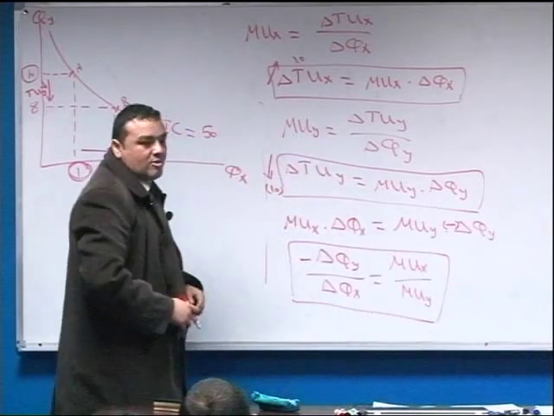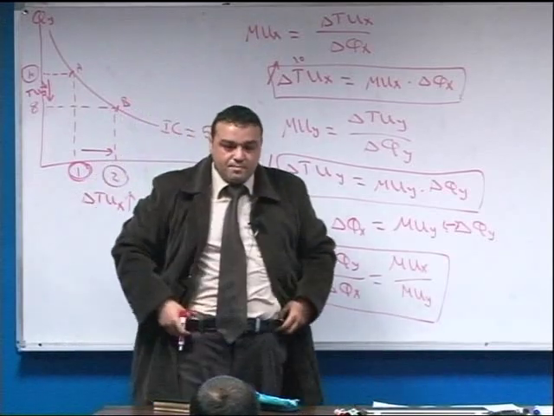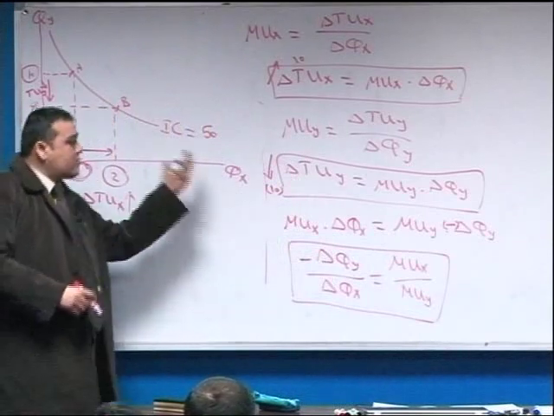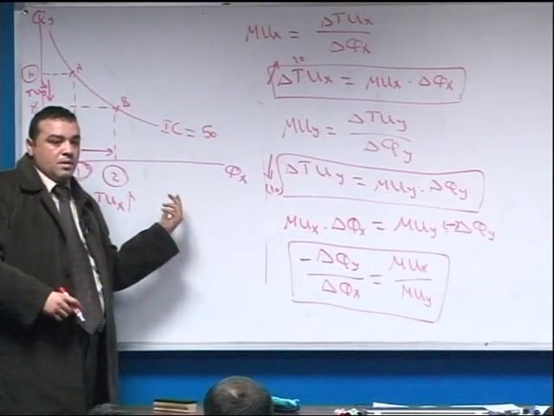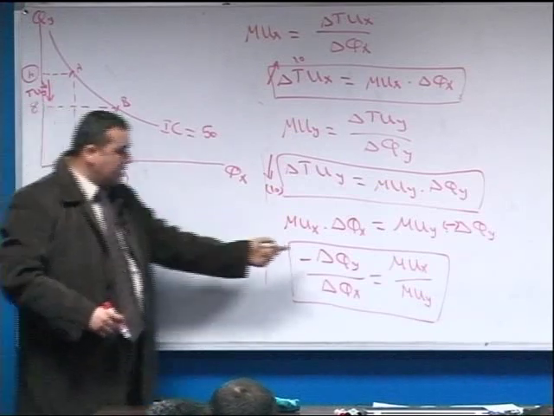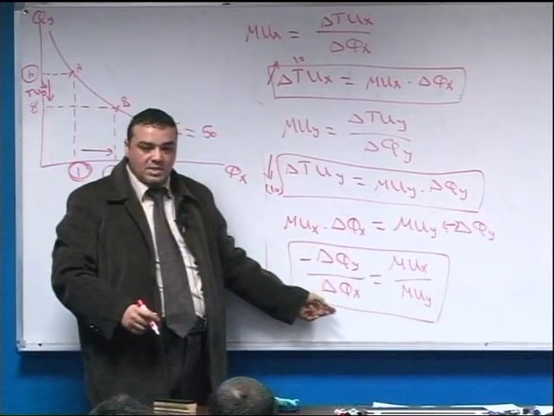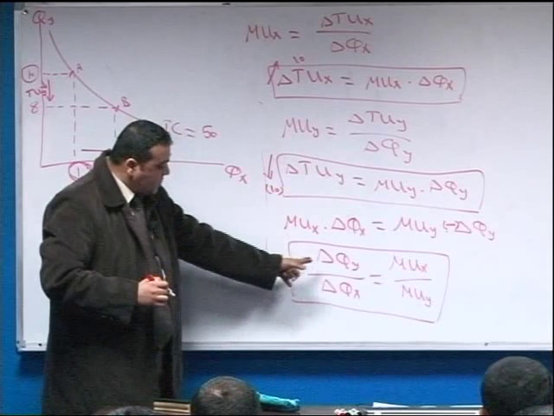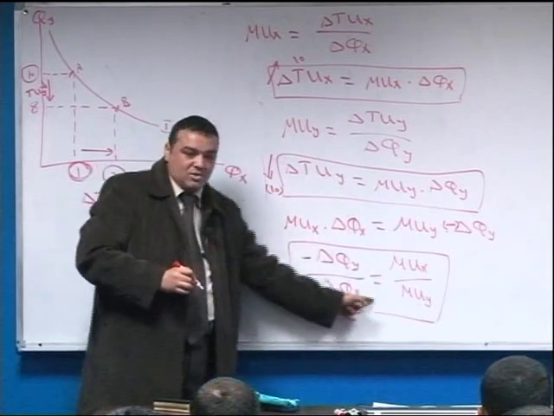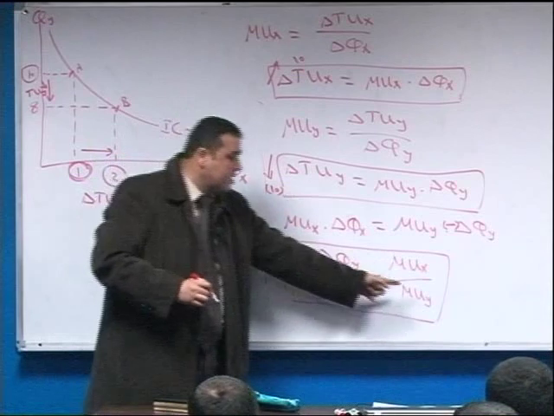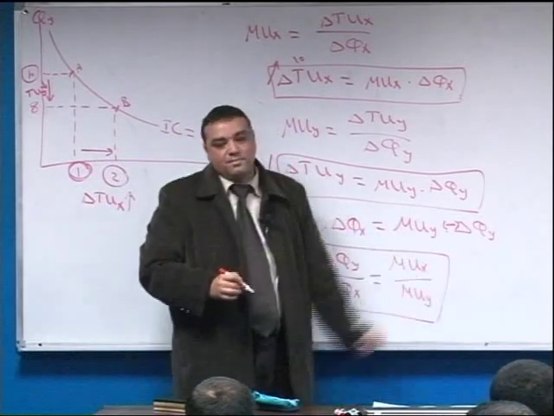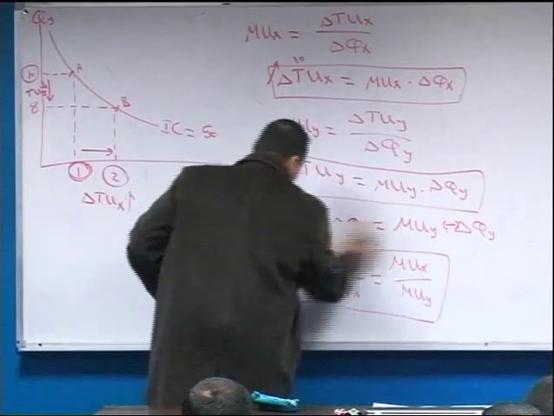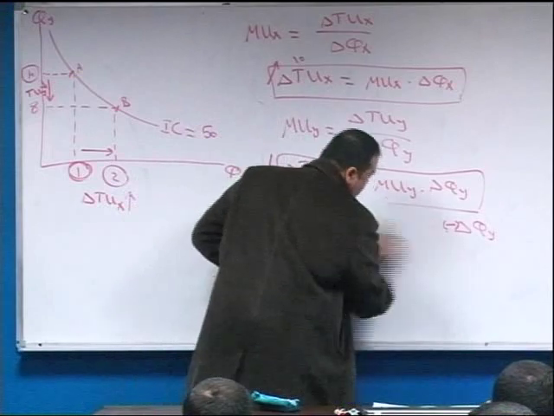This is the slope of the indifference curve, right? Let's come back to the previous point. The slope of the indifference curve is delta QY over delta QX, right? With a minus. Okay. So this is the marginal rate of substitution or the slope of the indifference curve, and this is the slope of the indifference curve as well. Right? Okay. Let's go to another topic.